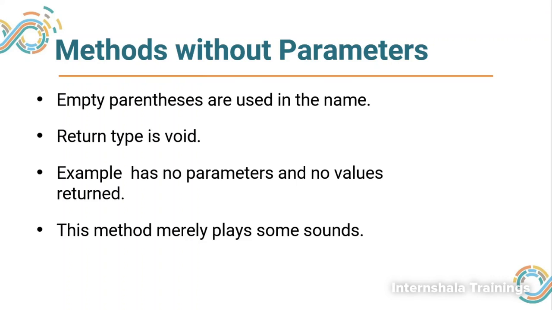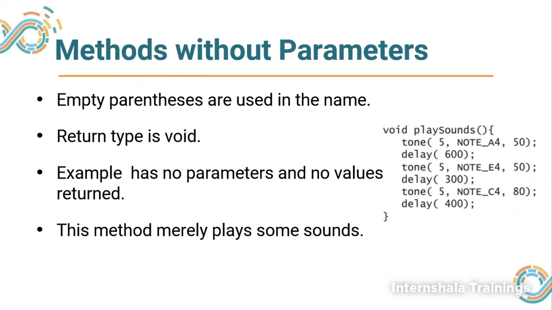You are simply directing your Arduino, or a robot being controlled by Arduino, to play this sound for 5 seconds. The sample code is here: void playSound, no parameters, tone 5, note A4 50, delay for 600, next tone, next delay, next tone, next delay.